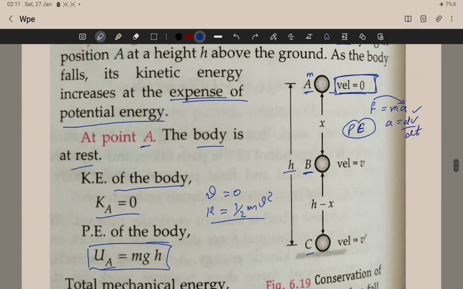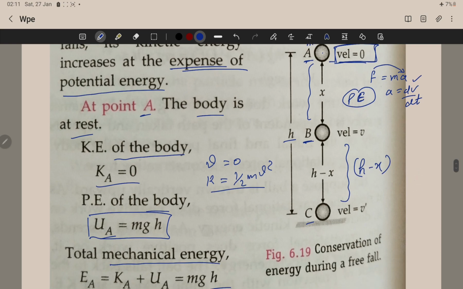This body is falling and covers some distance x from here to here, so the leftover distance is h minus x. Because the height is reduced, and potential energy depends on height, the potential energy is also reduced, and this reduction in potential energy goes to kinetic energy. So the velocity increases.